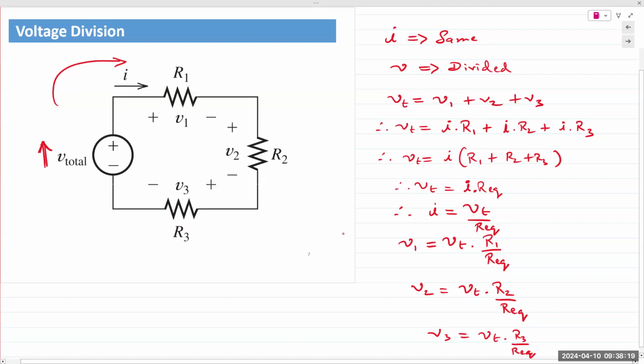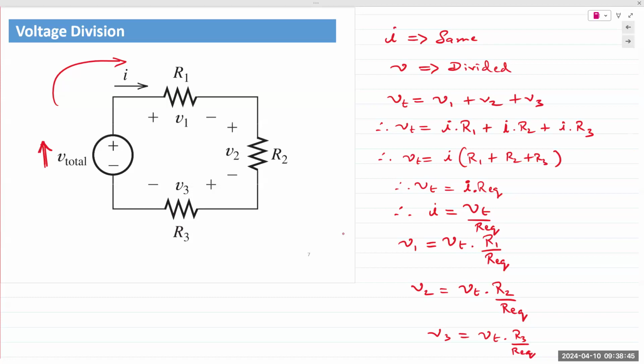The voltage that appears across each resistor is a fraction of the total supply voltage, and the fraction is given by the ratio of the resistor to REQ. So R1 over REQ, R2 over REQ, R3 over REQ. REQ in this case is the sum of the resistors in the series connection. Nothing else.